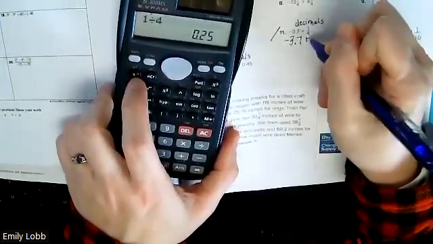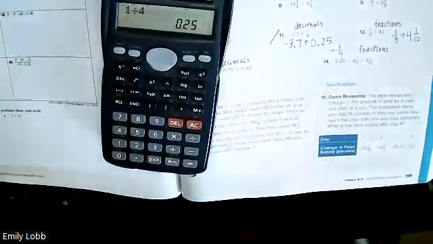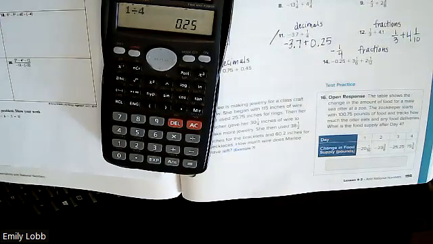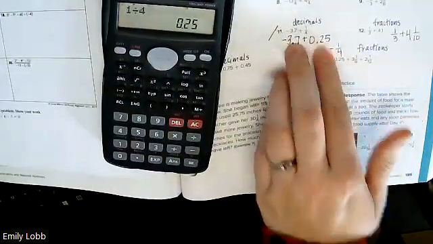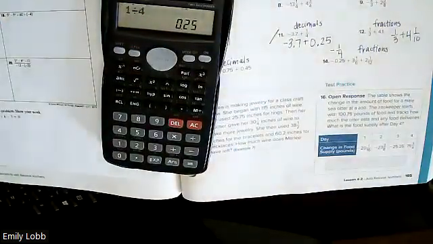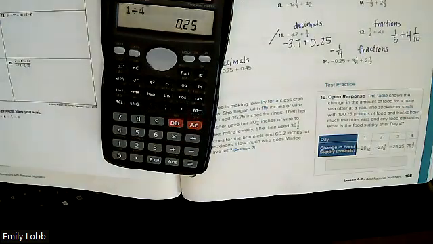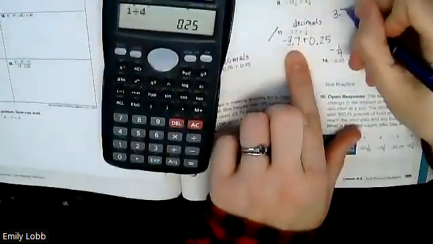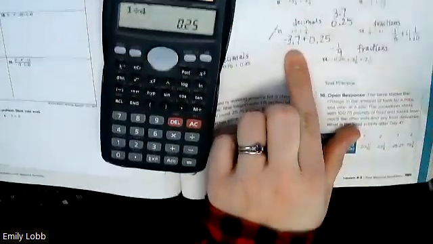So we have -3 7/10 plus 0.25. We practiced adding and subtracting decimals quite a bit, but remember our signs are different, so we have to find the difference. So we always take big minus little. Well, our 3.7 is bigger and our 0.25 is smaller.